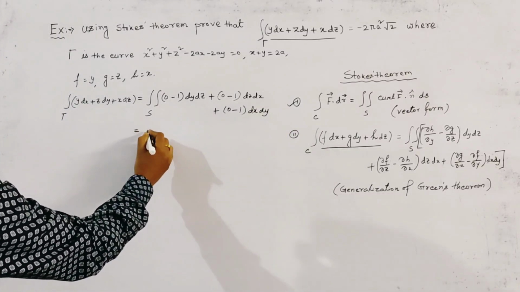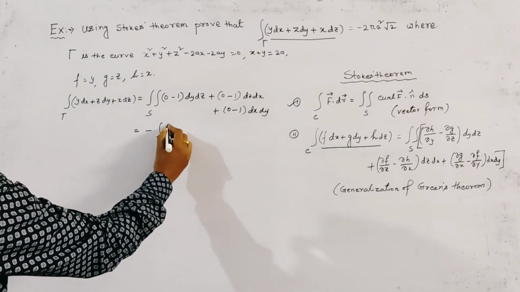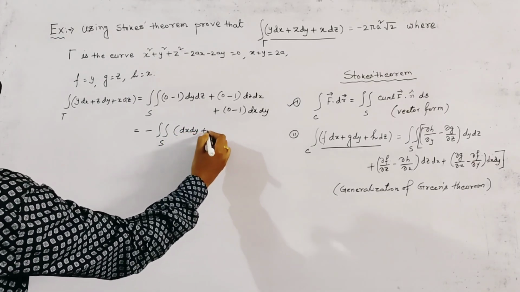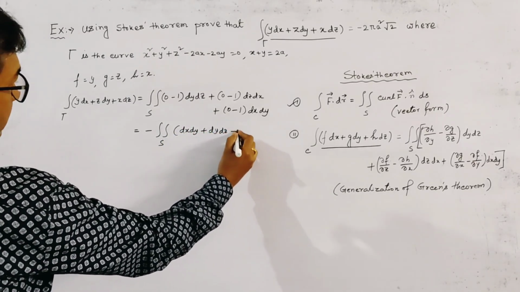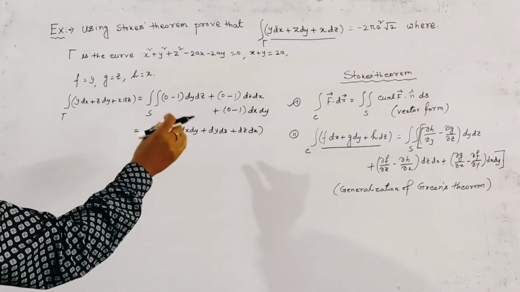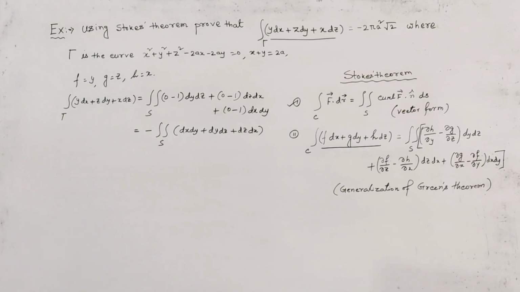So by taking minus common, we get minus the double integration over S of dx dy plus dy dz plus dz dx. This is the surface integration or double integration.